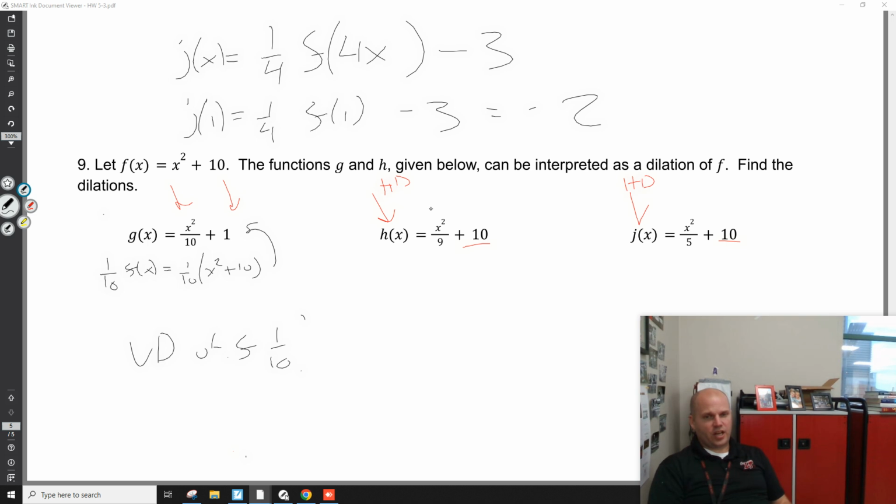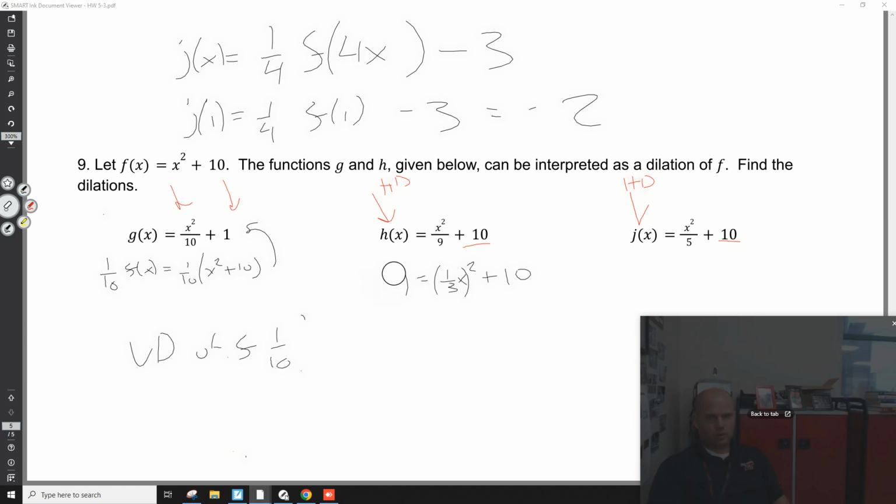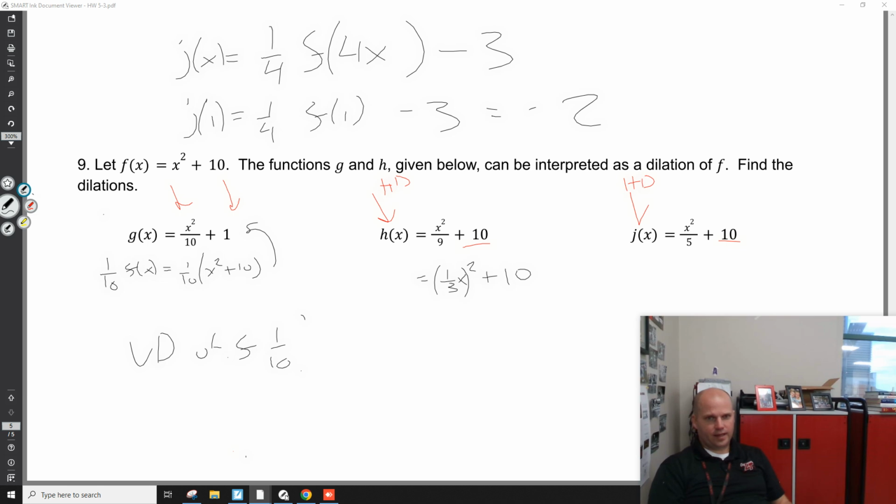Now, the 10 doesn't change, but I got this x squared over 9. Well, if I put a 1/3 in here, then I would have 1/3 x squared plus 10 is f of 1/3 x. That's what I meant.